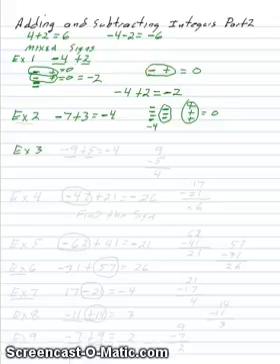Example 3. Negative 9 plus 5. Let's look at another example for this. Instead of writing out 9 negatives and 5 positives, if the signs are different, we have a negative 9 and a positive 5. Subtract the 2 numbers.